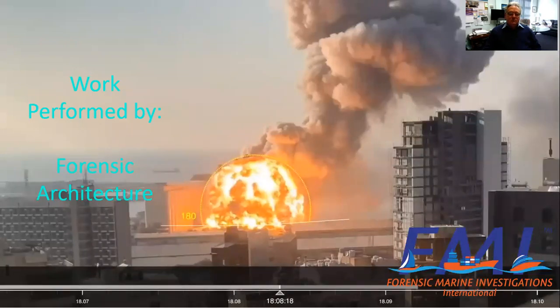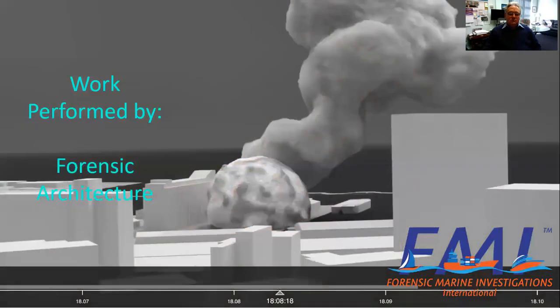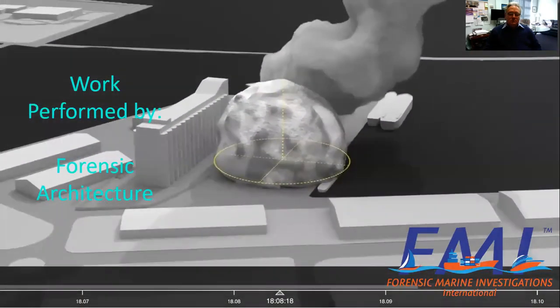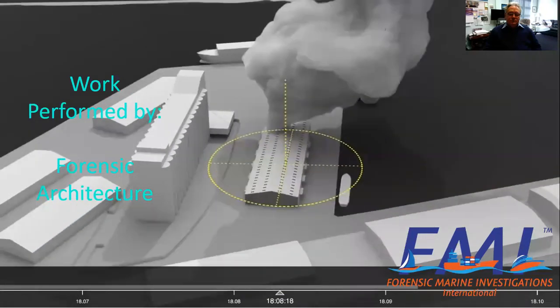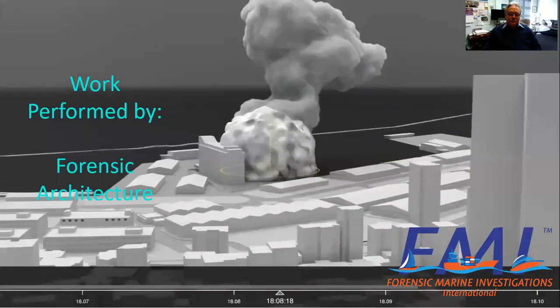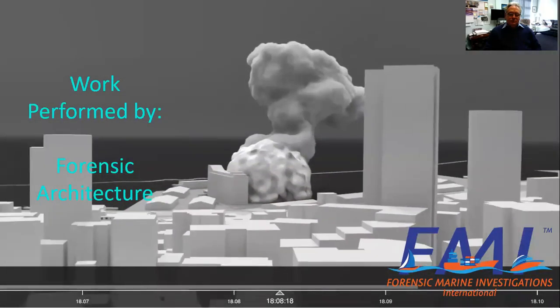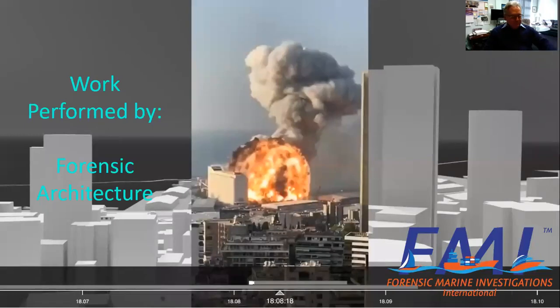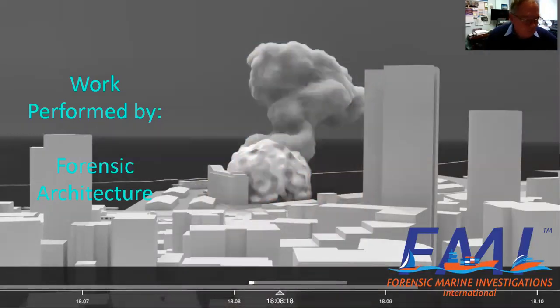According to the explosives analyst, the symmetrical shape of the sphere suggests that it's a single-point explosion originating in one particular place within the warehouse, and it's possible that as little as half of the 2,750 sacks of ammonium nitrate stored inside detonated. We use the shape of the two plumes from these explosions as metadata to synchronise the remaining footage.